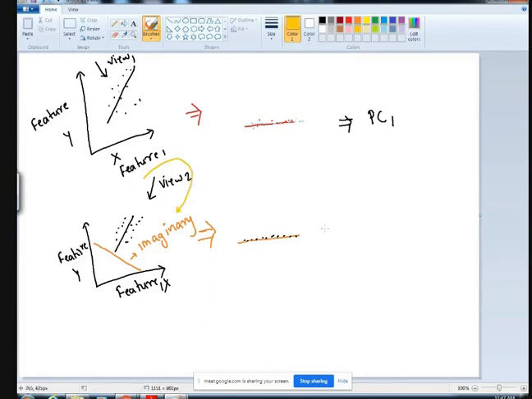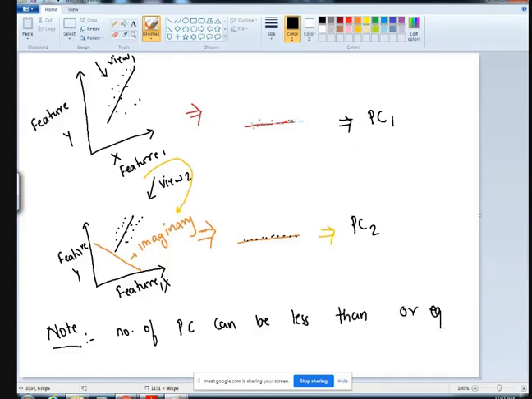Fine. So let us name this particular one principal component 2. There is a very important note regarding principal components: the number of principal components can be less than or equal to the number of attributes.